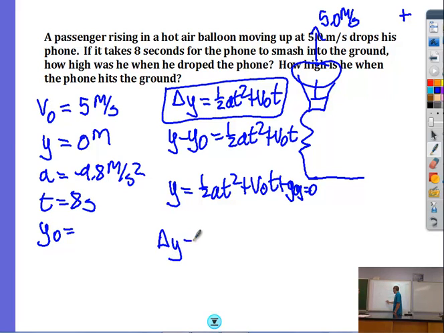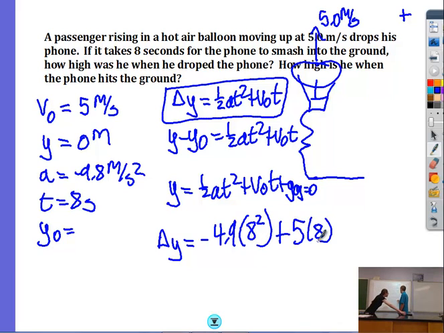So delta y equals negative 9.8 times a half, negative 4.9, right? Times 8 squared plus v naught, 5, times 8. So delta y equals 64 times negative 4.9 plus 40.